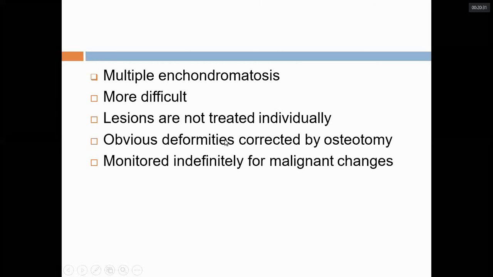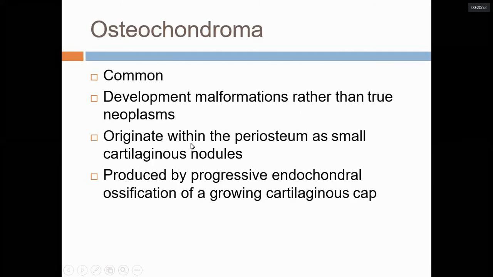The lesions are not treated individually, but if there is any deformity, or it hampers the function of the limb, then various osteotomies can be done, or it may be curetted, and the enchondromas are monitored for any malignant changes in the future.